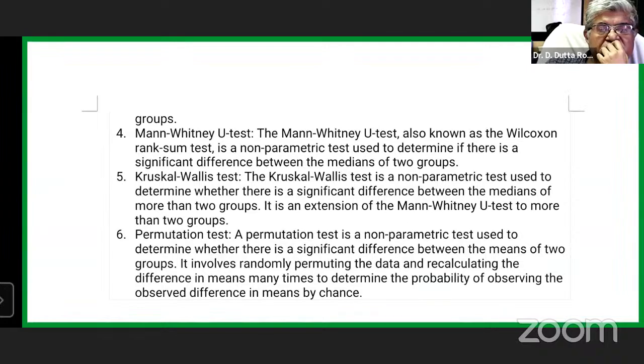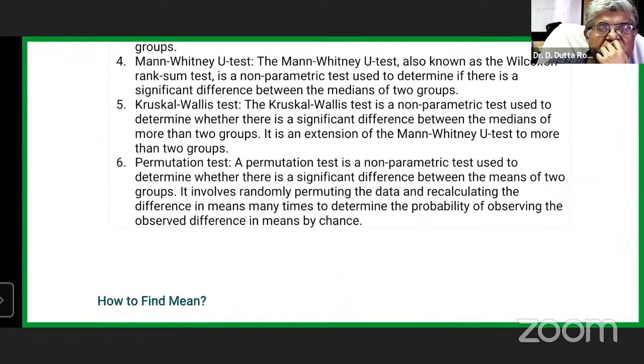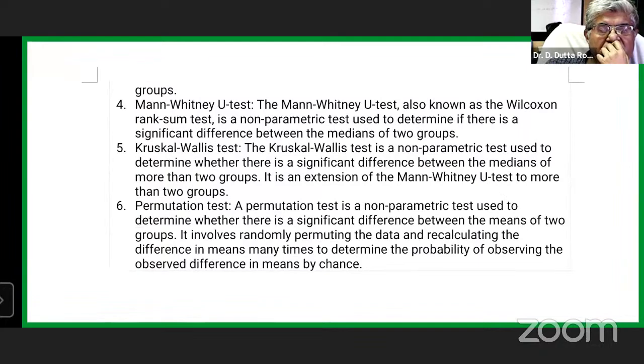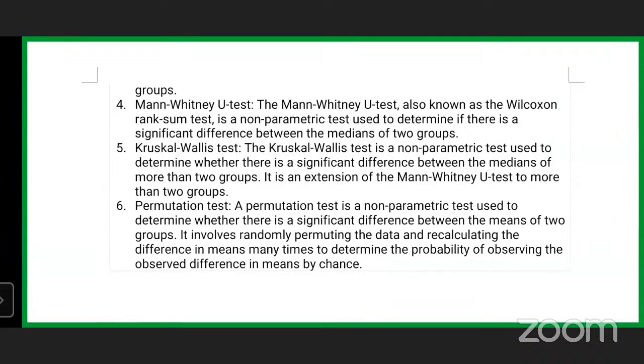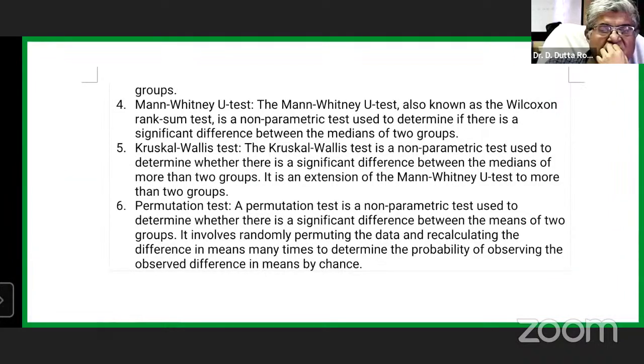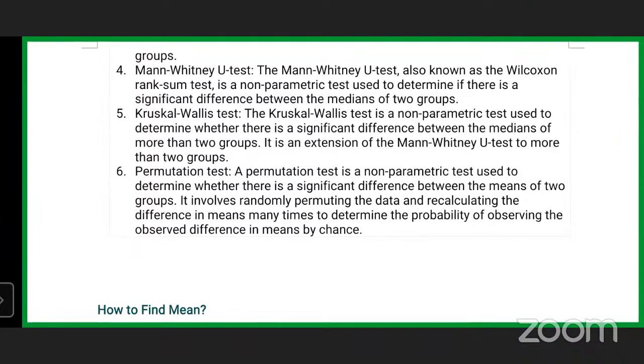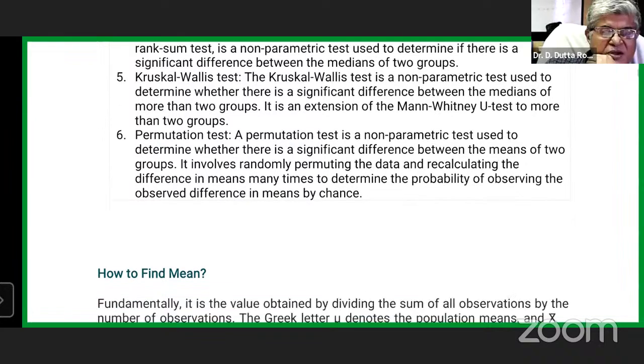Mann-Whitney U test is a non-parametric test, based not upon the mean but upon the median, no? Yes, sir. Kruskal-Wallis also. It's not clear whatever you have done.